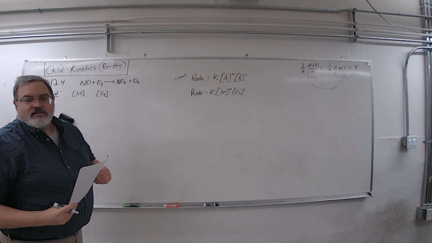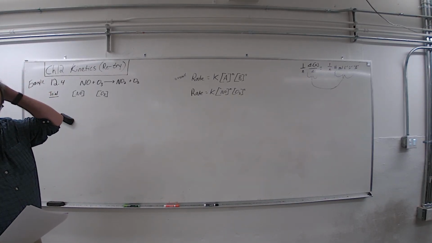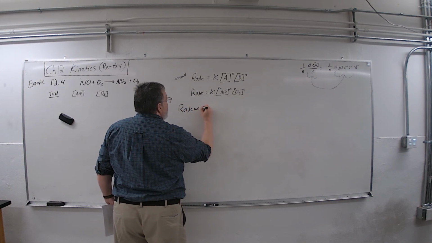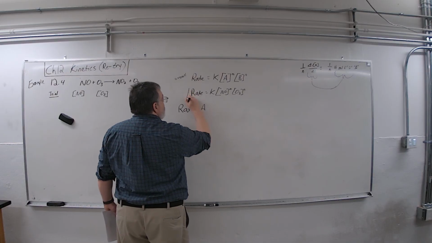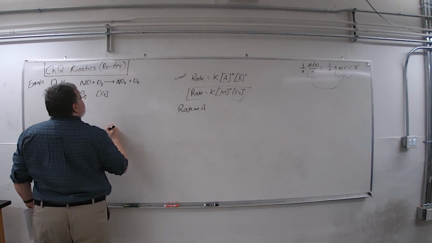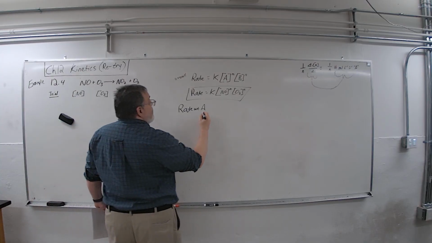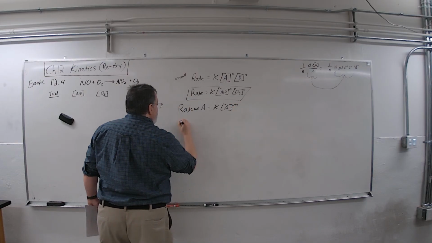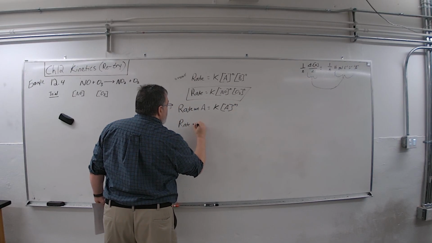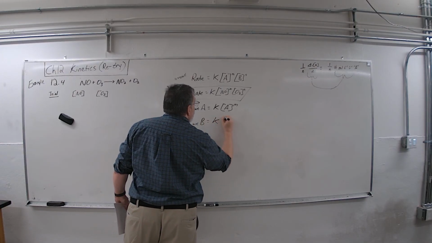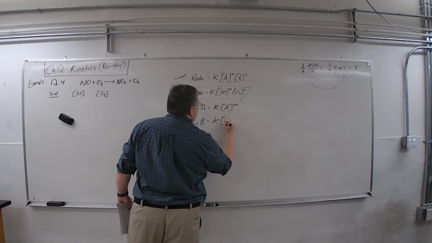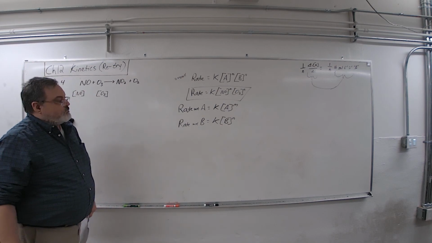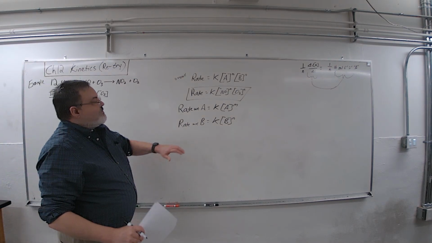And this is where I lost y'all last time. So this is the question where, what is the rate? Rate with respect to A. Rate with respect to A is K. And then the overall rate is expressed this way.